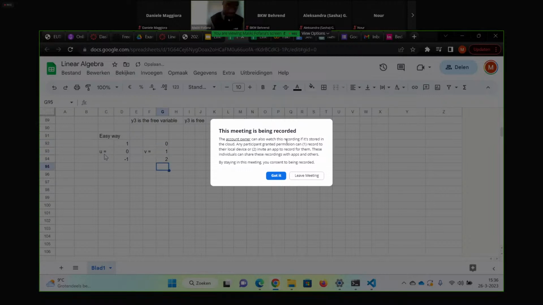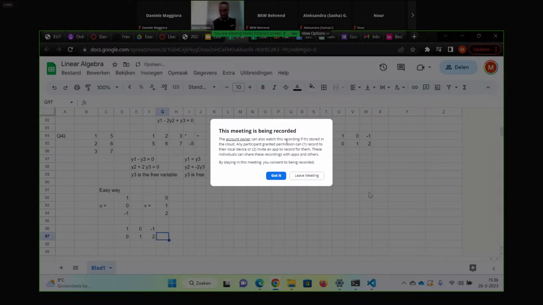If this was the case, and I take the transpose of u and v, now you will see the trick. You will be like, Maliki, why didn't you do this in the first place? I will end up with 0, 1, 2, right? Which is the same as this.